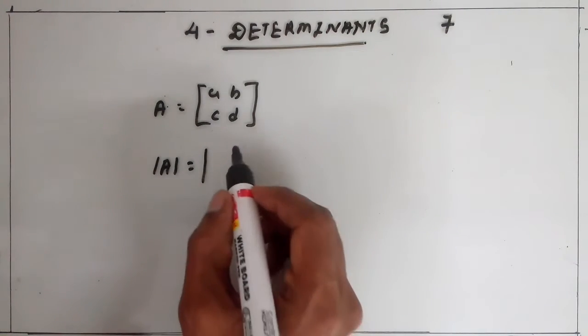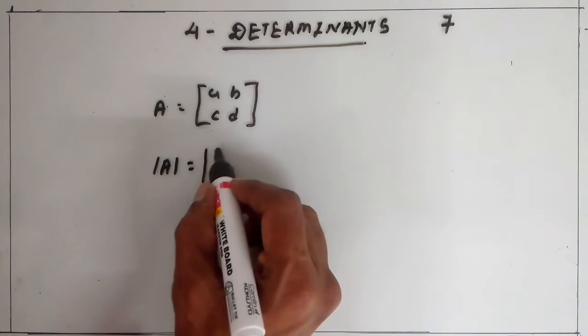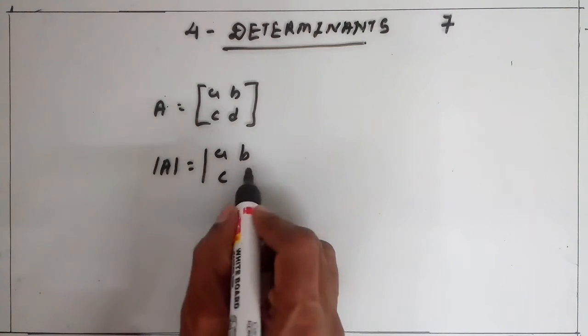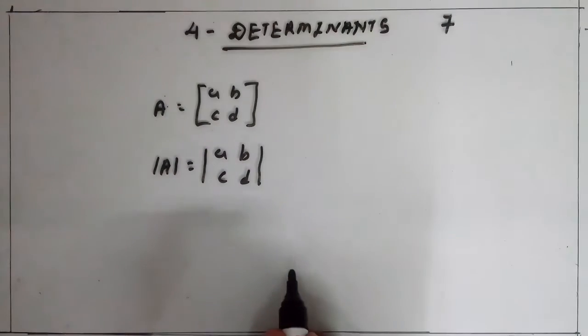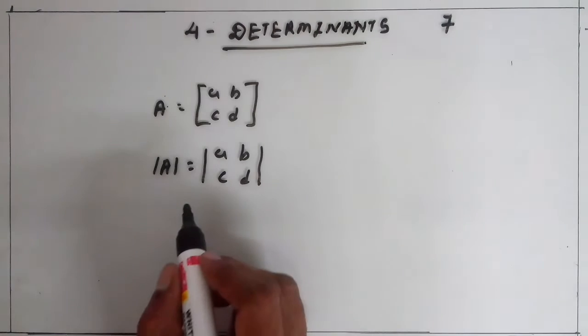In symbolic form, determinant of A is equal to |A B; C D|. Remember this. This is one type of real or complex number.